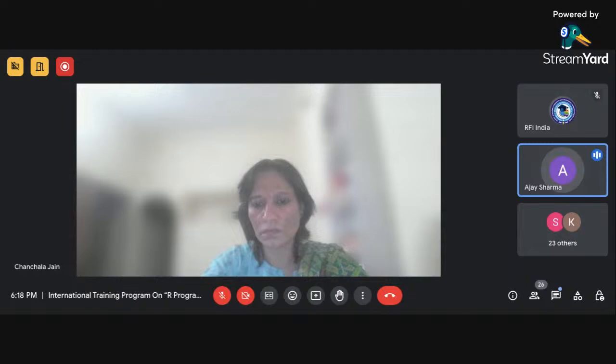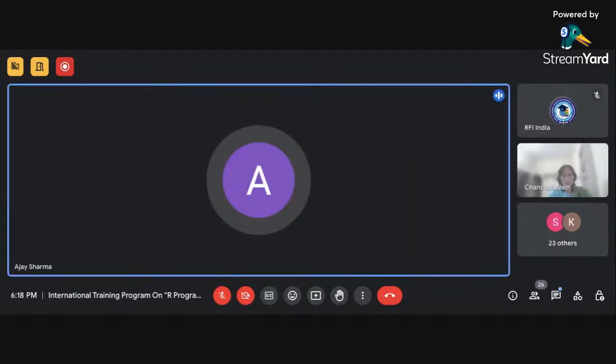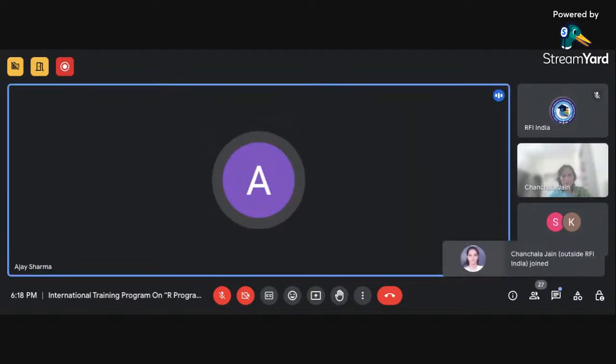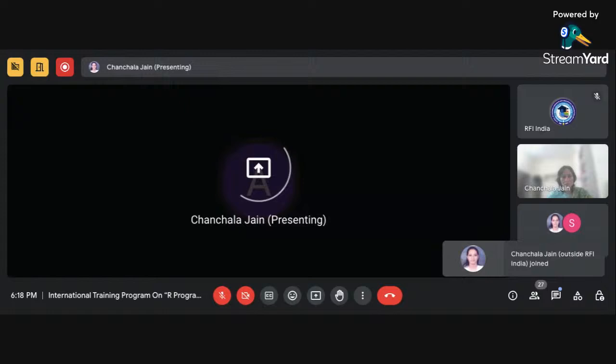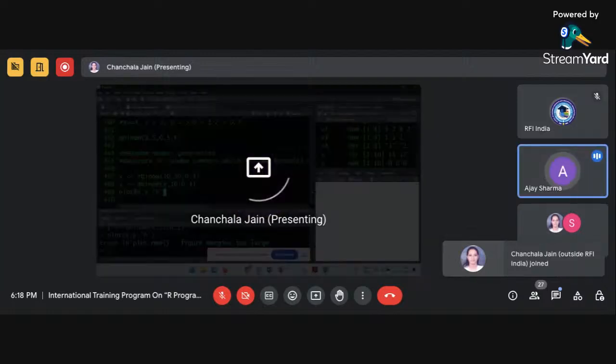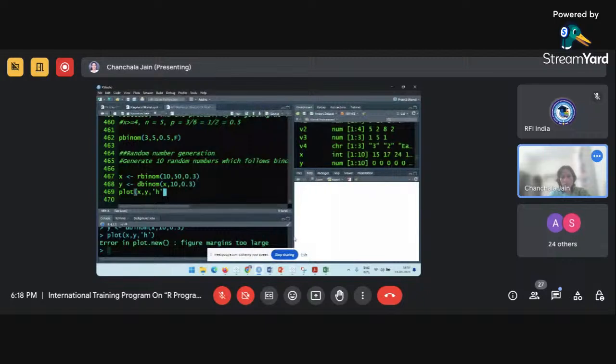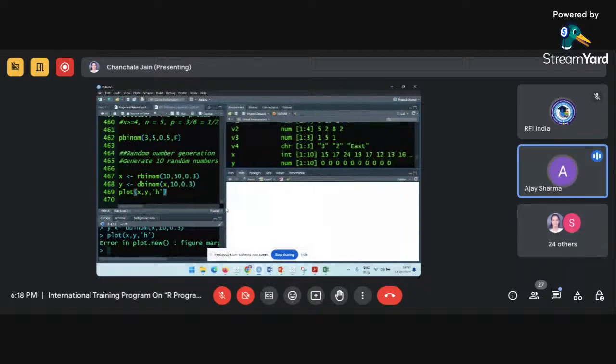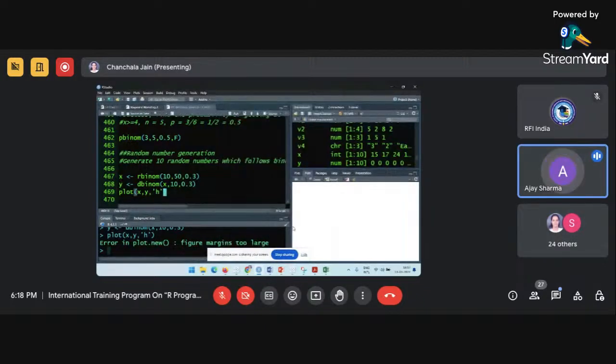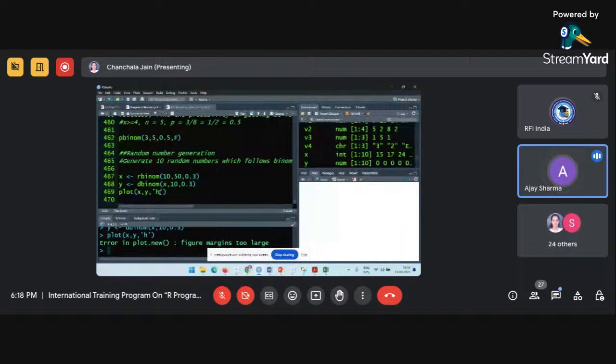Ma'am, I've used the H value. Maybe it's the margins issue. It gives some plots, scattered points. Yeah, it is giving scattered points to me. I've written H is equal to 0.25. Use H, maybe that's some step size. I don't know.